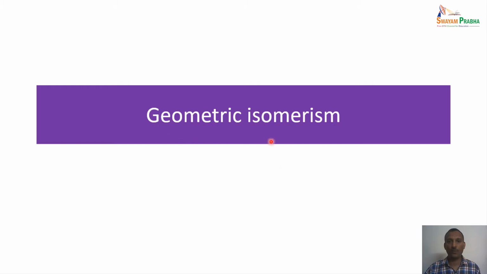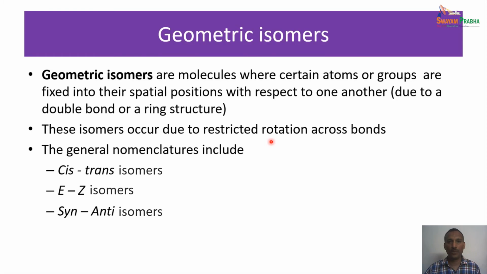In this session, we will be studying about geometric isomerism. So what are geometric isomers? Geometric isomers are molecules where certain groups or atoms are fixed into their spatial position with respect to one another. This happens due to restricted double bond rotation, or it may also happen in ring structures where there is restricted bond rotation.